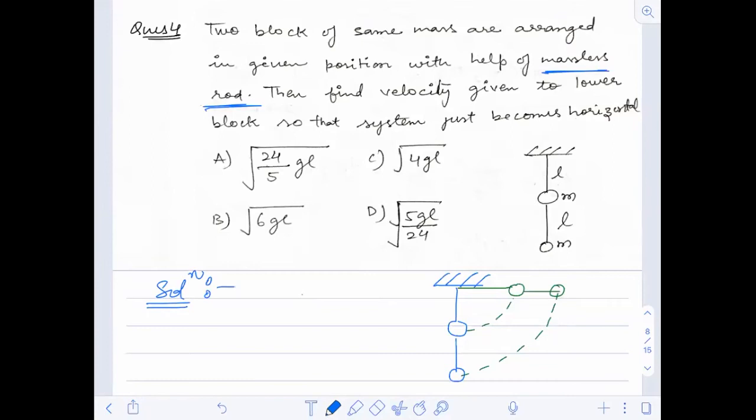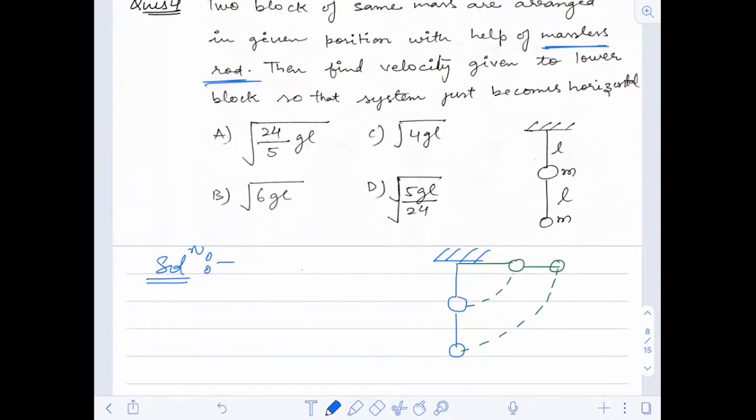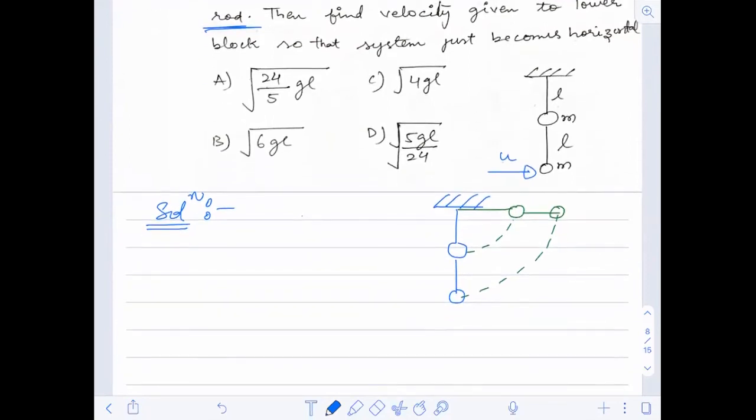Now, in this question, suppose I have to find the velocity given to the lower block. Okay, so I have to find out what velocity I have to give here. U. Okay. Now you tell me, suppose I am giving this lower block U velocity. Okay, what velocity will this have at that point?